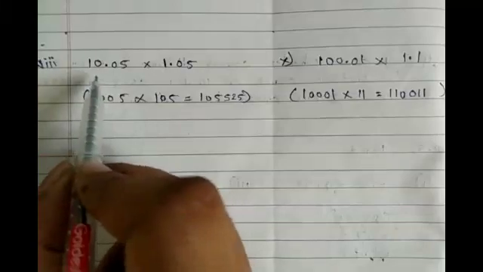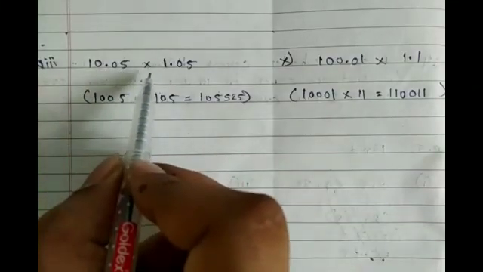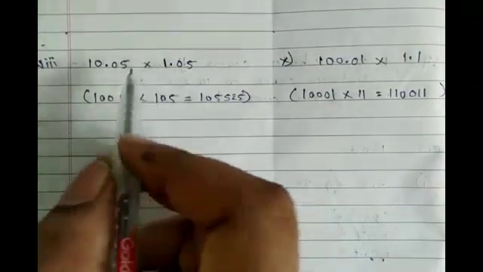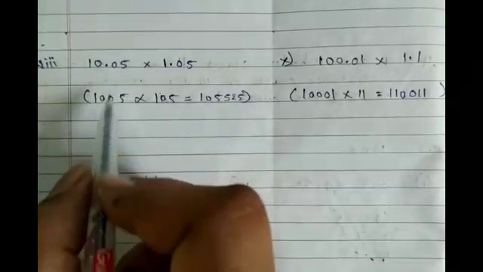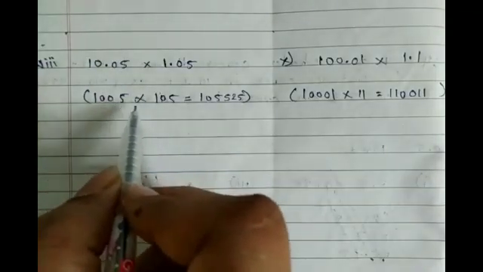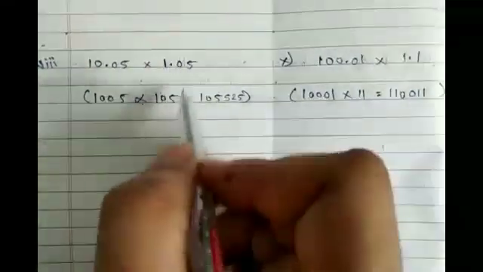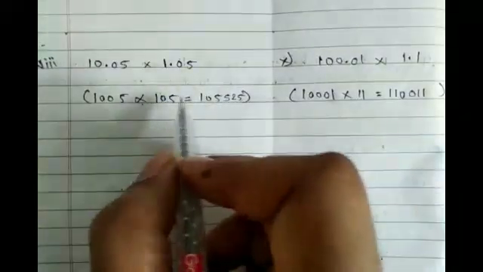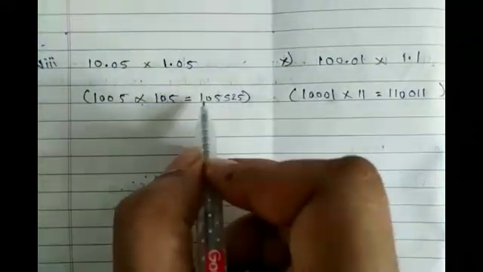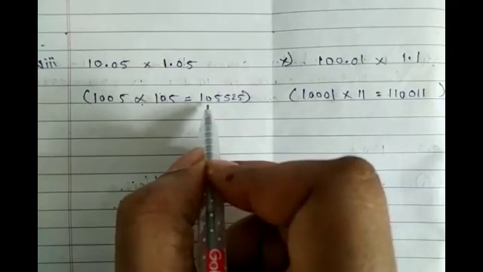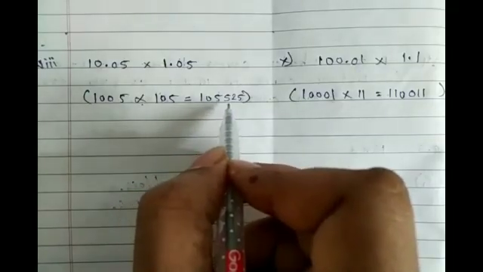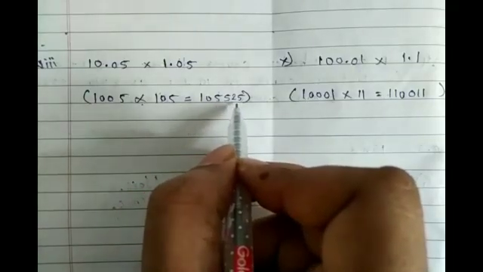Question number 8. 10.05 multiplied with 1.05. Ignore the decimal, so we write here 1005 multiplied with, ignoring the decimal, 105. When we do the multiplication we get the answer 105525.